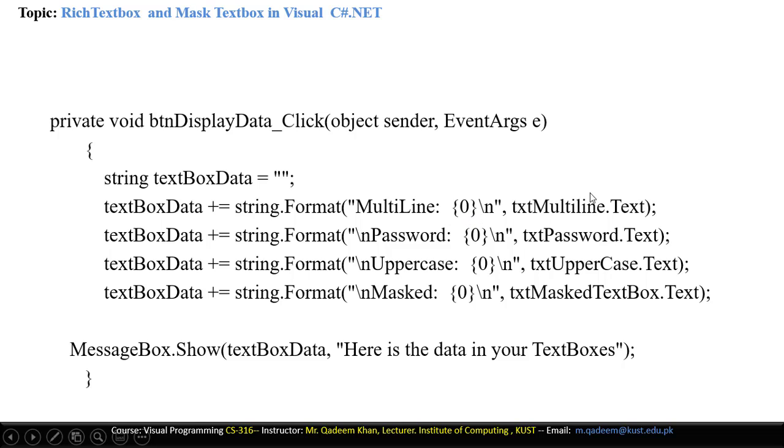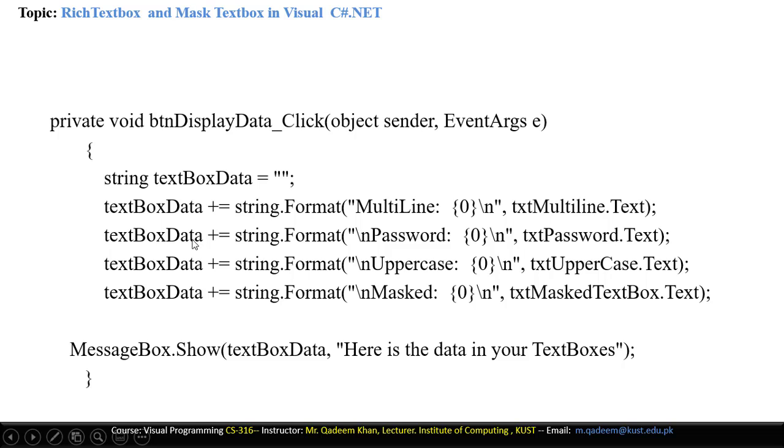That means that this will be stored here in this parameter. Slash n is for the new line. So multi-line is in fact a string, and another string will be replaced here for this parameter. So txtMultiline.Text is the particular text box whose value will be stored here and concatenated with this string.